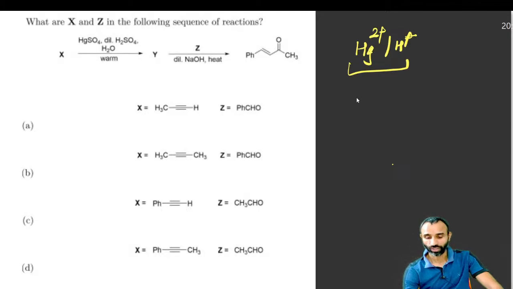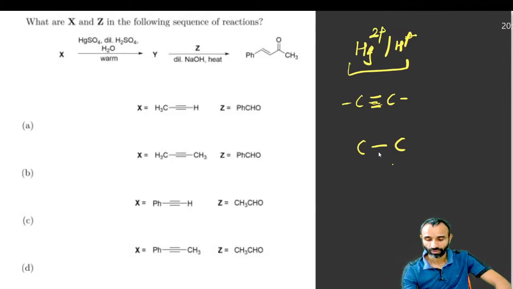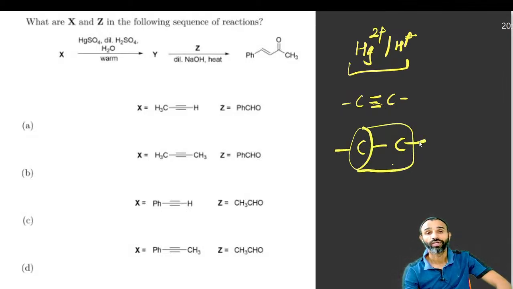So actually what happens is that this Hg2+ holds one pi electron of the triple bond. Because the two pi bonds form a cylindrical shape, like this, there is a delocalized pi electron cloud.